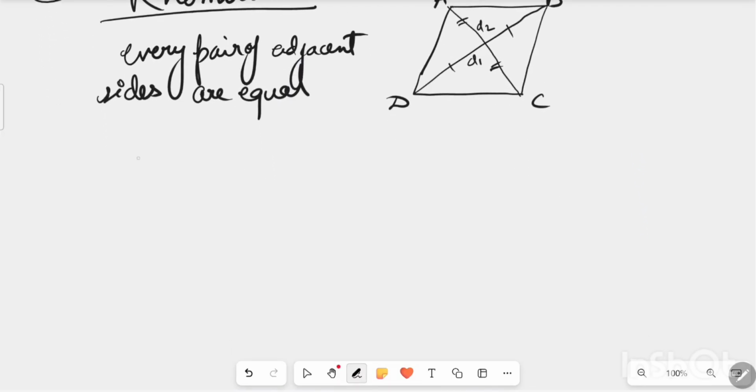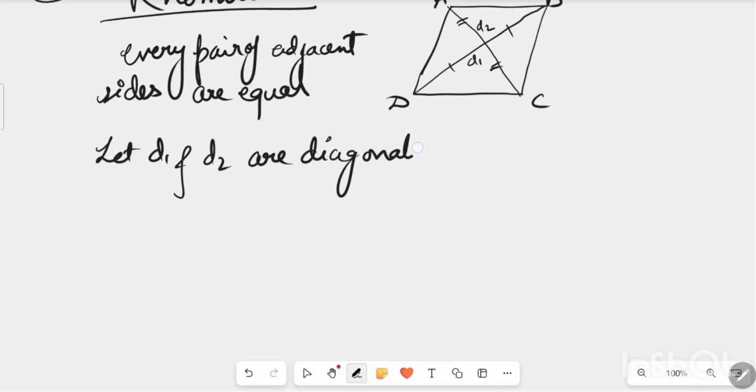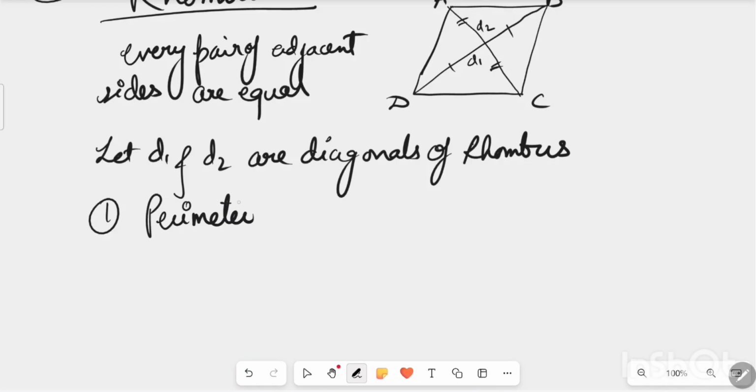Now let D1 and D2 be the diagonals of the rhombus. So first we will find perimeter. If diagonals are given, sides are not given, then perimeter will be 2 under root D1 square plus D2 square.